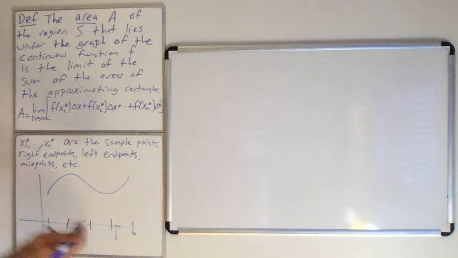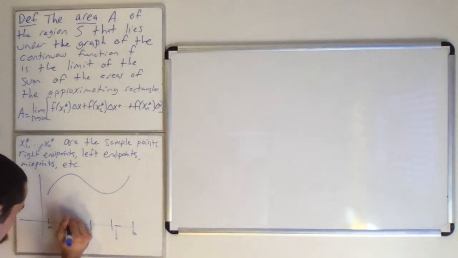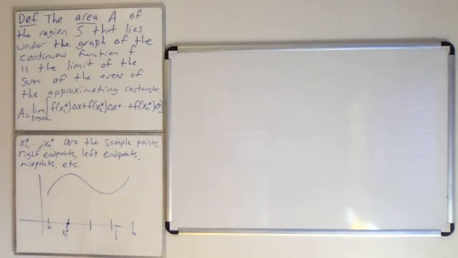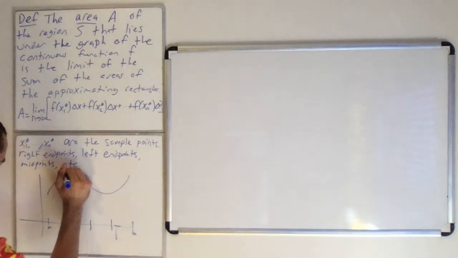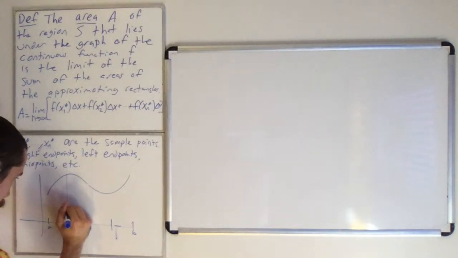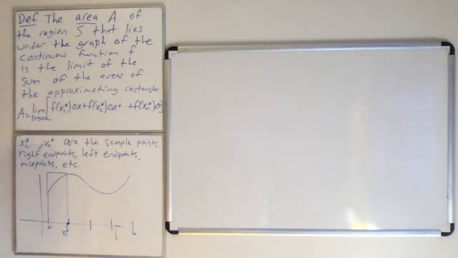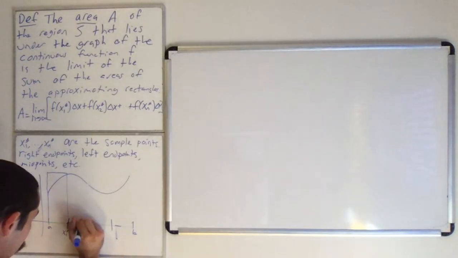So let's say maybe the right endpoint is our first sample point. And let's say just maybe the midpoint could be our second sample point.